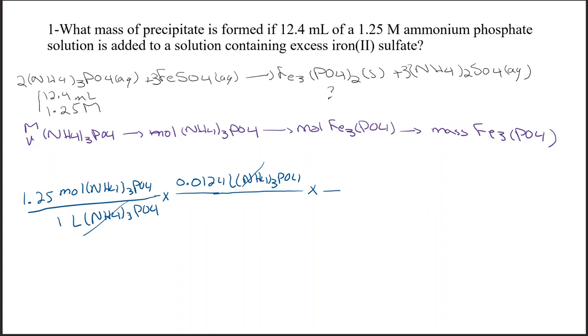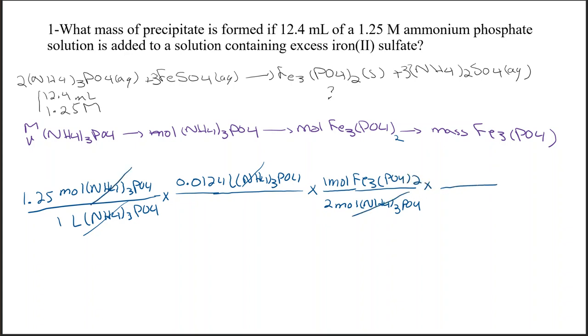Now to convert to moles of iron 2 phosphate, so there is a 2 here. So to convert to moles, you look at the balanced reaction. Each 2 moles of ammonium phosphate produces 1 mole of iron 2 phosphate.